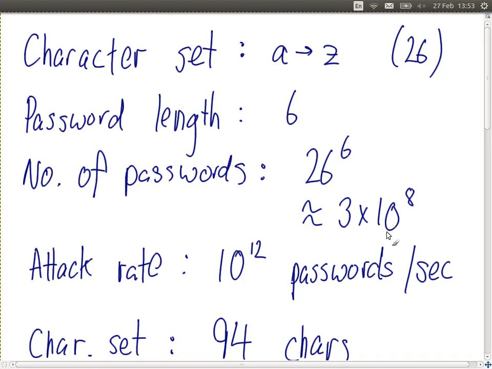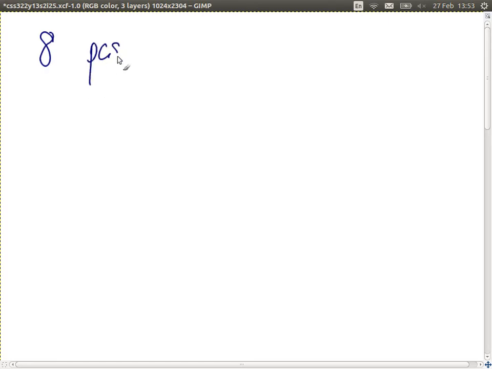Let's do it from a simpler perspective, just so everyone's clear. Let's say I had 8 possible passwords. Very, very simple scheme. There's only 8 possible passwords.